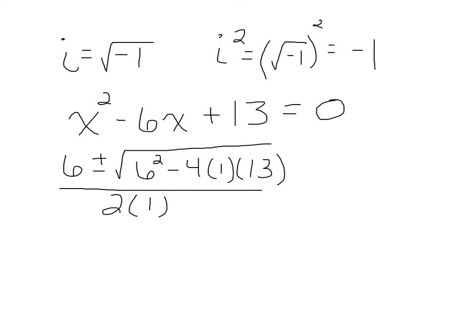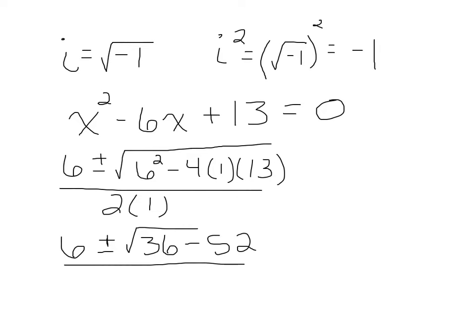And the negative is the opposite of b, so that's why it's a positive 6. And since you're squaring it, it doesn't matter. I never read a negative there. So according to the order of operations, you do your multiplication first. So 6 times 6 is 36. I'm going to write the minus sign down so I don't lose it. 4 times 1 times 13 is 52.